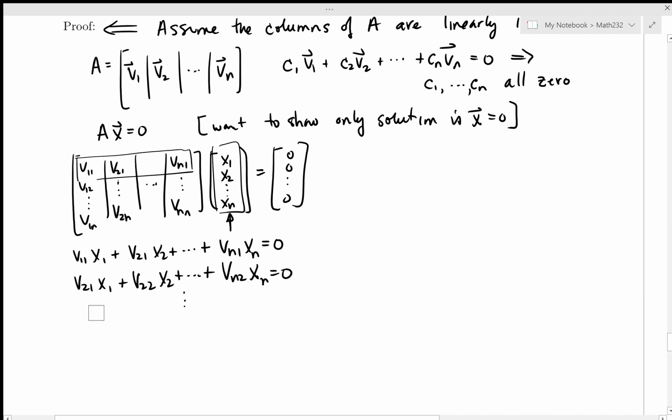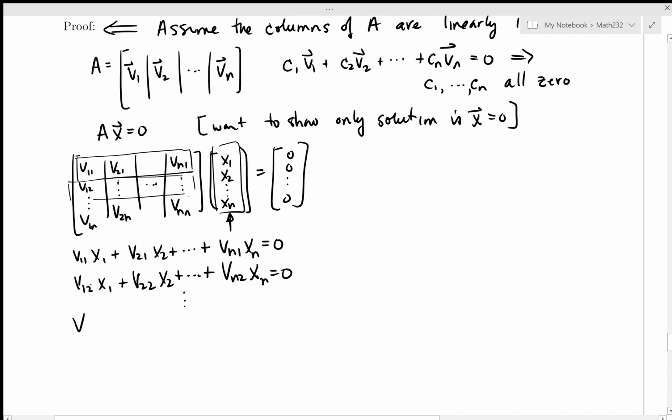This should be 1, 2, and that would be n2. Okay, n1, n2.